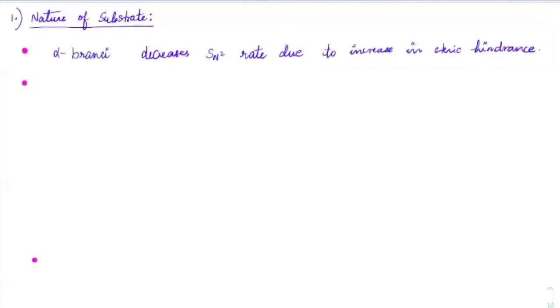What does that mean? If you check out the rate of SN2, you would see CH3X greater than CH3CH2X. Students, you could start writing along with me. I'll go slow from here. So CH3X.